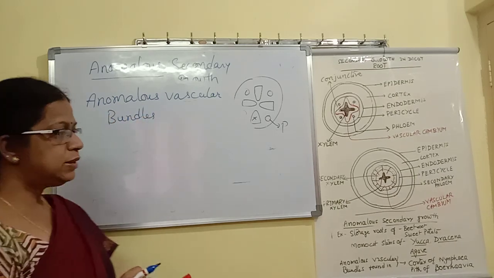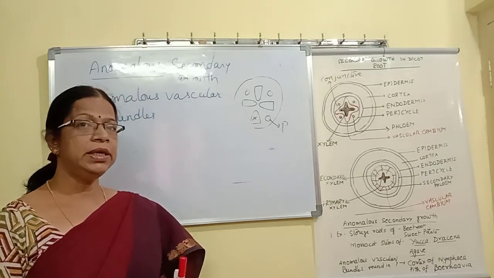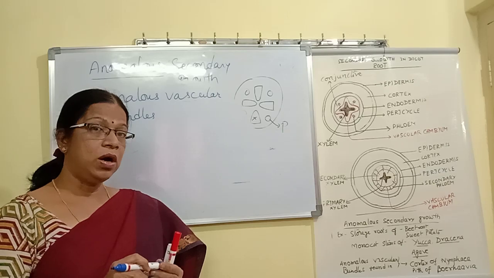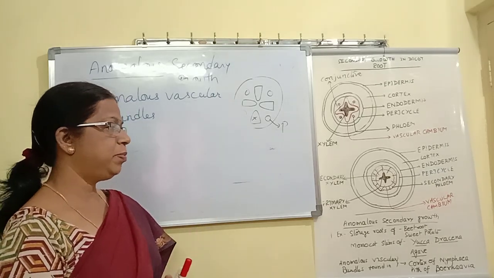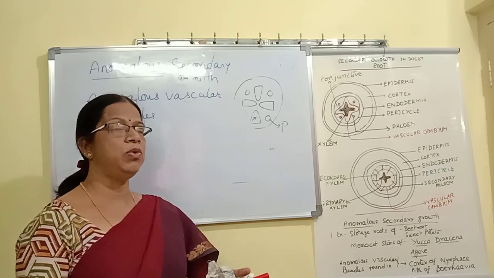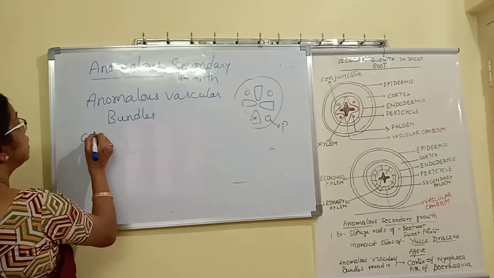Normal vascular bundles, you know, are present inside the stele. Those are the normal vascular bundles. Anomalous vascular bundles are those whose position is abnormal.